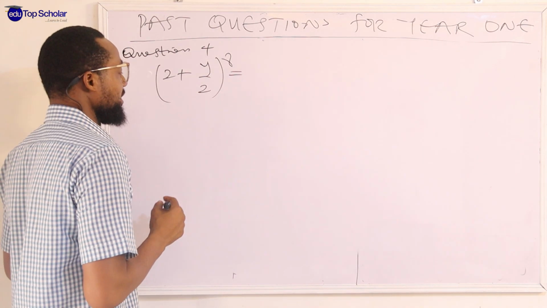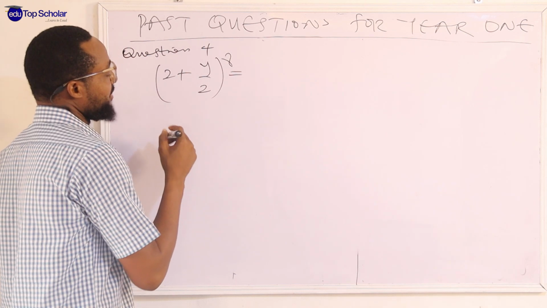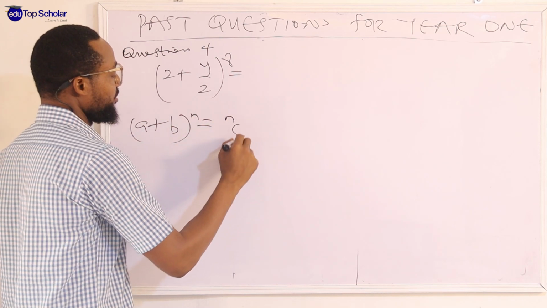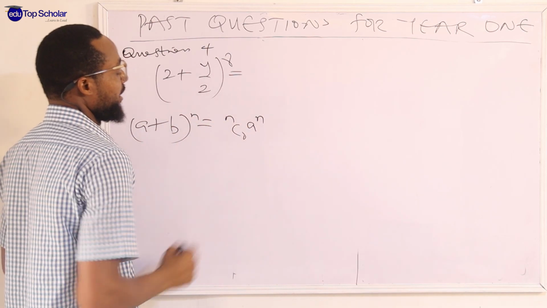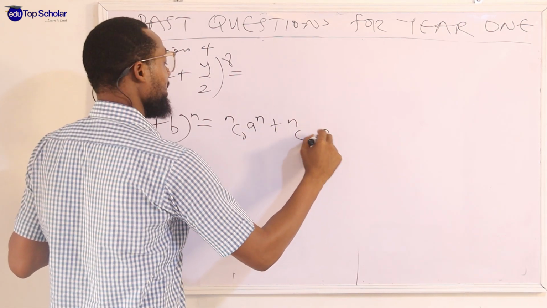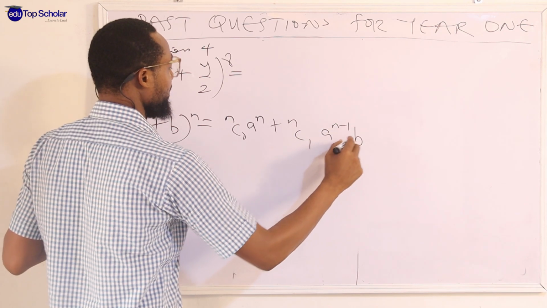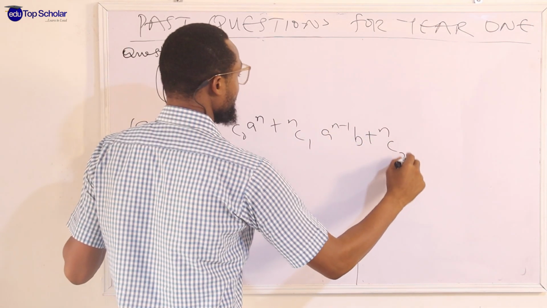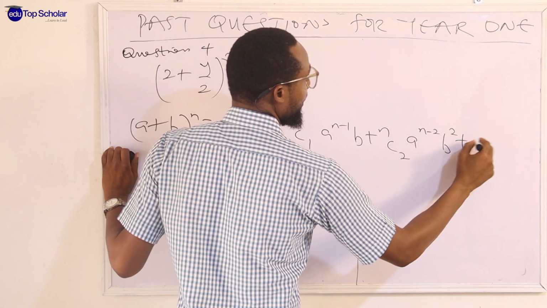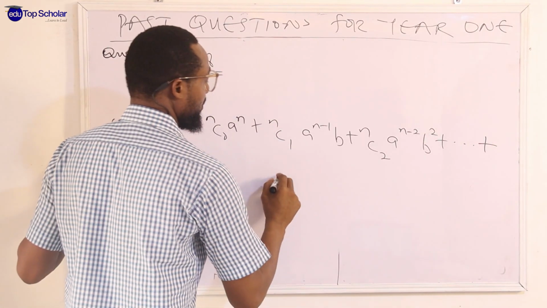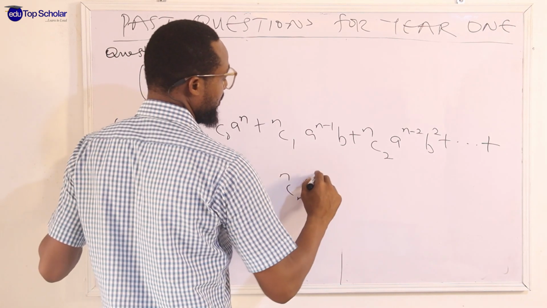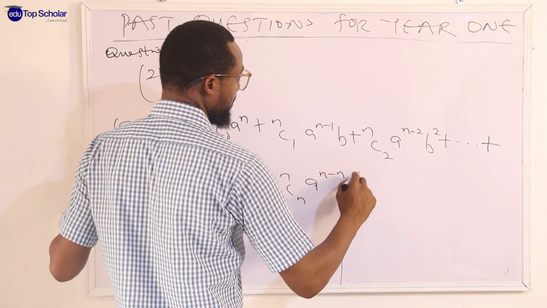So, in order not to give ourselves a headache, it's better we write the binomial expansion, the generalized form. This one is n combination 0 a raised to power n, at this point b is raised to power 0, plus n combination 1 a raised to power n minus 1 b, plus n combination 2 a raised to power n minus 2 b squared, and so on like that to n combination n a raised to power n minus n b raised to power n.